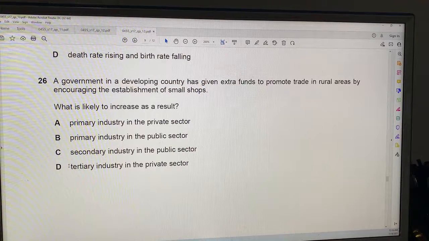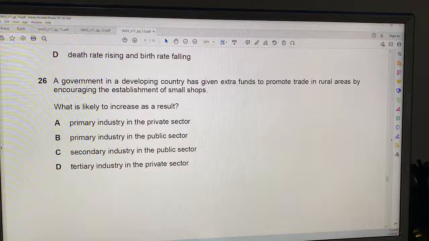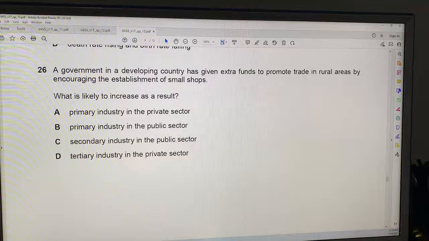So the answer must be D. Tertiary is service industries, and retail, a small shop is retail, and retail is a service industry. So D is the answer for 26.